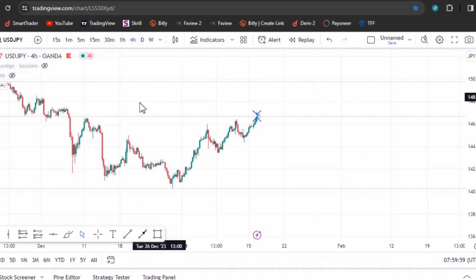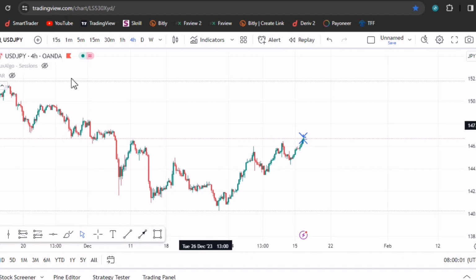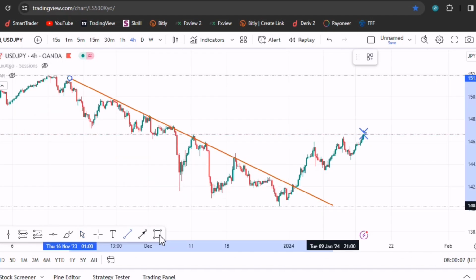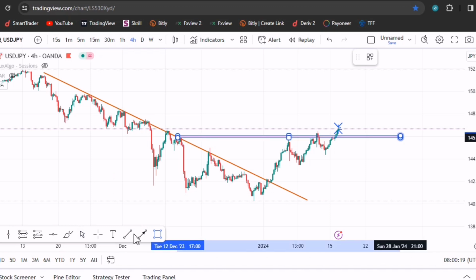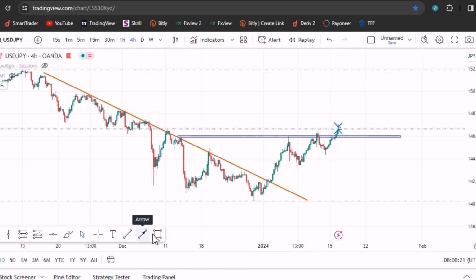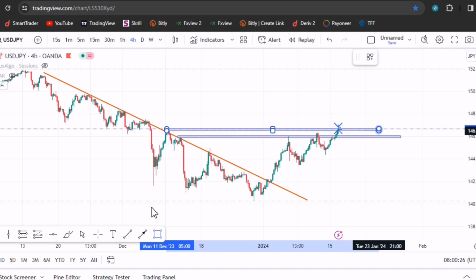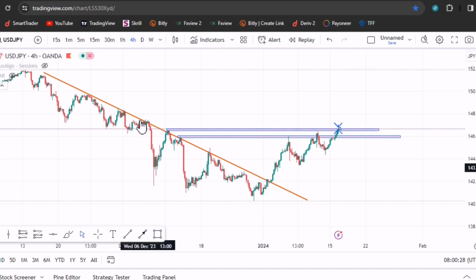Remember what I said: you mark the trend line like that, and then the areas that are touching the trend line are your targets. So right here, let me start here. You have this area that is touching the trend line, this area, and that area.